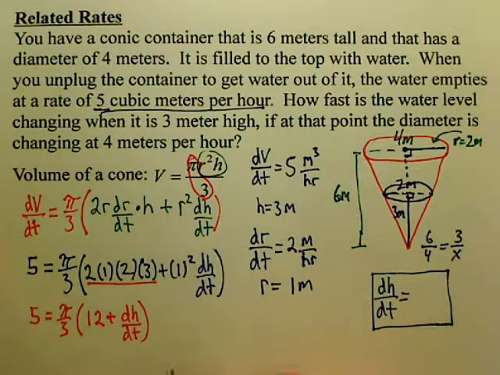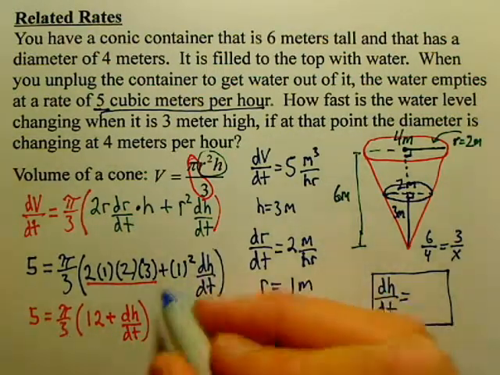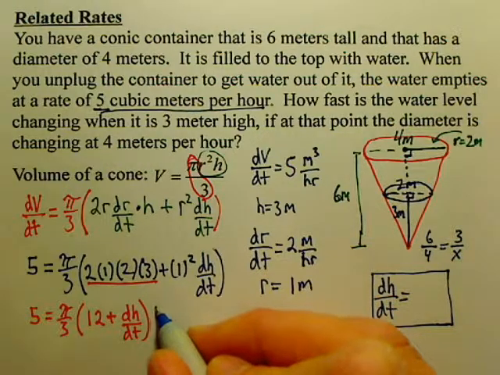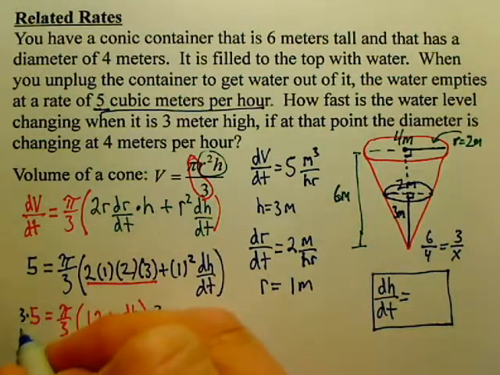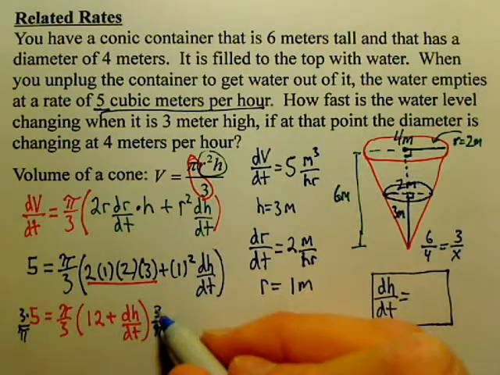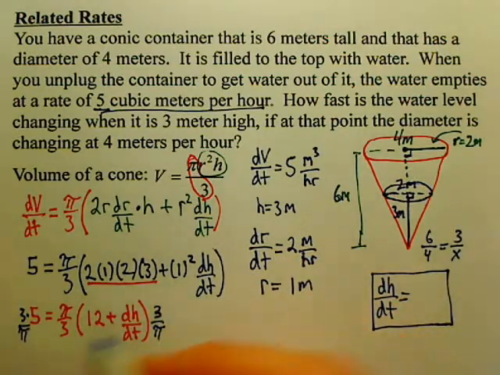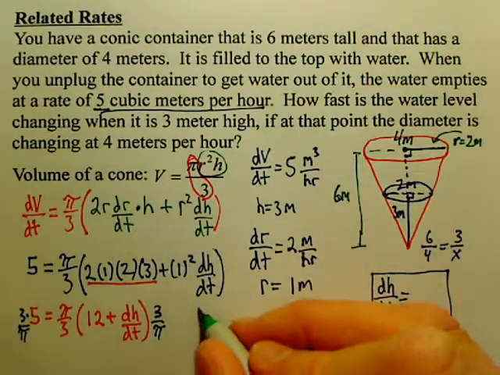So what would be the next step to solve this? Well, could we multiply, or can we get basically dh dt by itself? Alright, what would be the best way to get dh dt by itself? Well, I'd probably divide by pi over 3, or wouldn't that also mean to multiply both sides by 3 over pi? If I multiply both sides by 3 over pi, won't that cancel? So what you're going to see here is I now have 15.